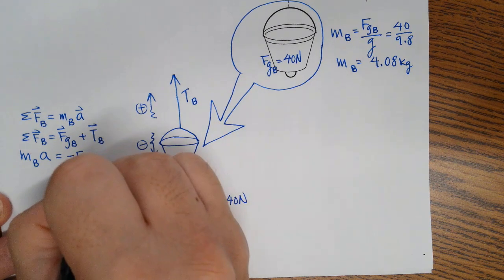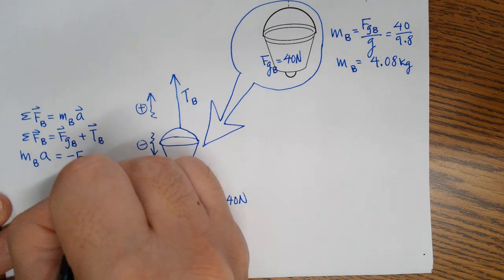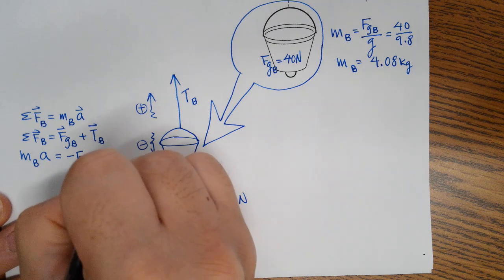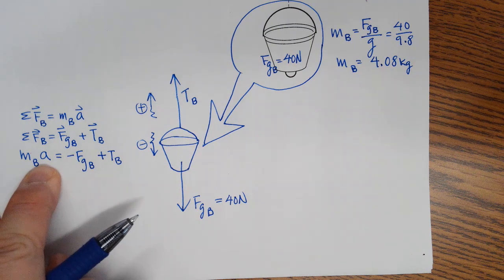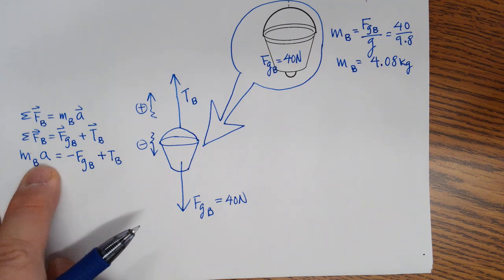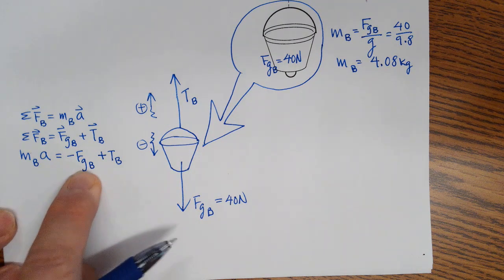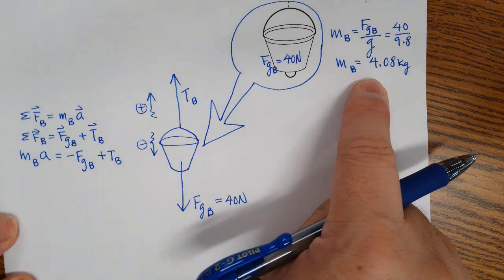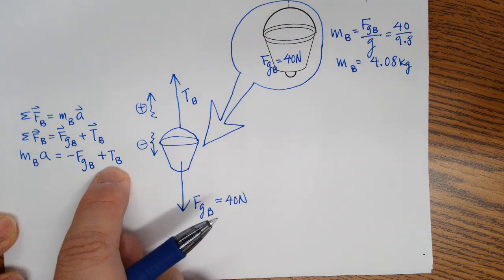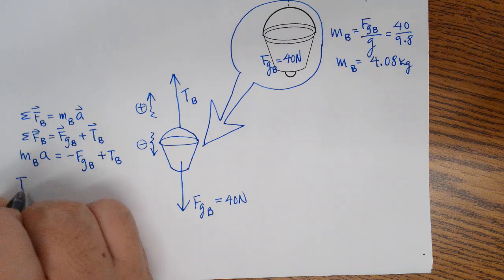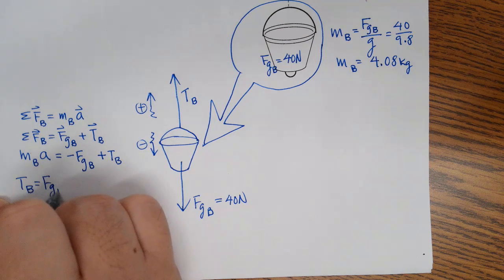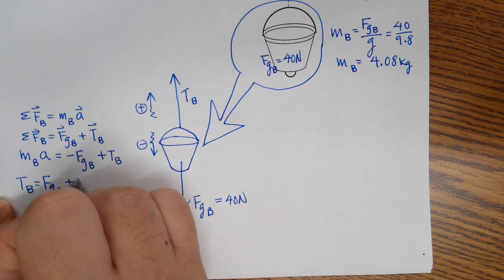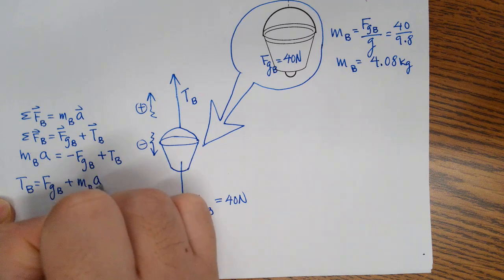Tension bottom is positive in this case, right? We know the acceleration is positive 1.5. We know this is 40. The mass we already calculated. So we could calculate the tension bottom. So the tension bottom is equal to Fg bottom plus m_b a.